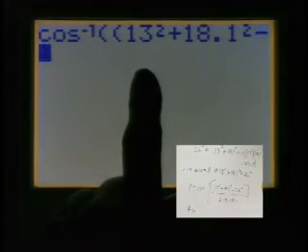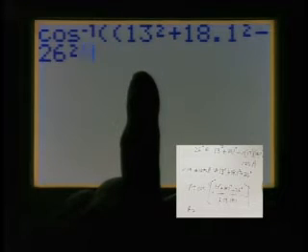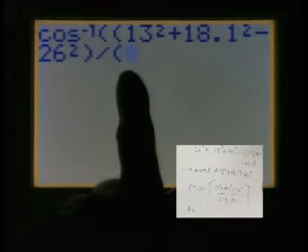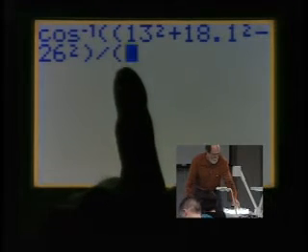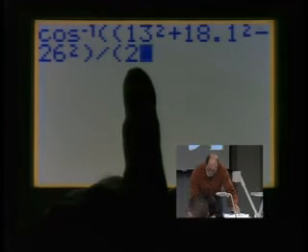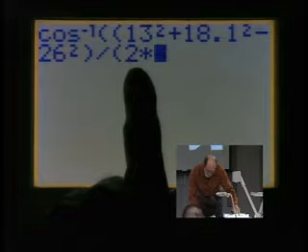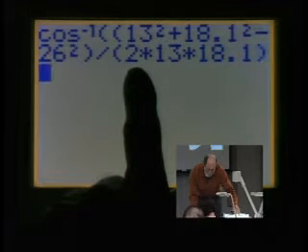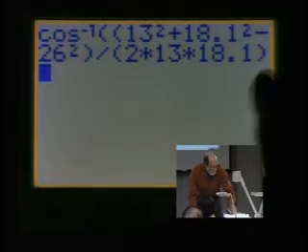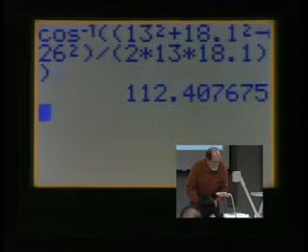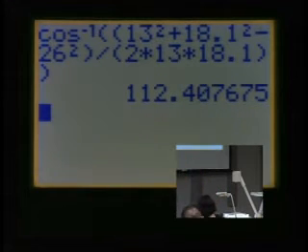And that's probably where I got in trouble previously, by using the store and duplicating one of my letters. And then divide by, notice a new parentheses for the denominator. Be very careful there. 2 times 13 times the 18.1. And then that closes out the denominator, but then I need to close the inverse cosine and see what I get. There we go. Thank goodness.